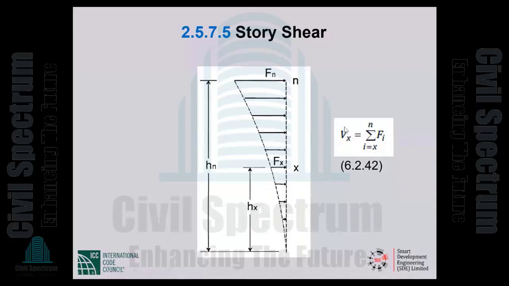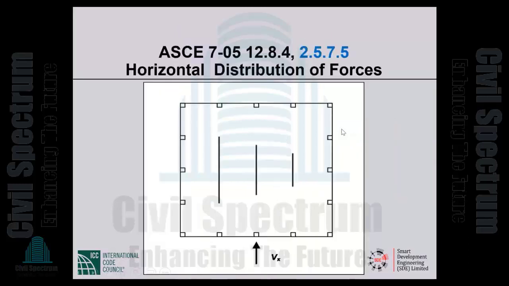That is story shear. So this is the plan of a building where we have in the up and down direction 2 moment frames and 3 shear walls of unequal length. How is the story shear distributed among the 5 resisting elements, the 2 frames and the 3 shear walls?